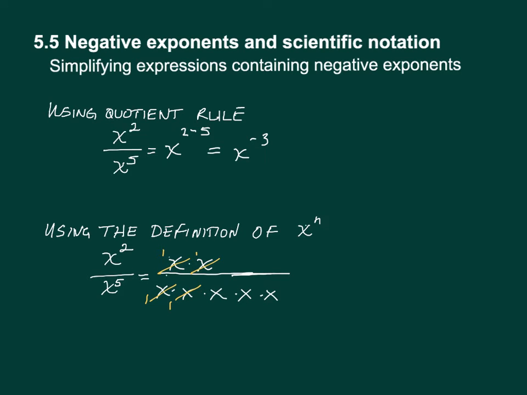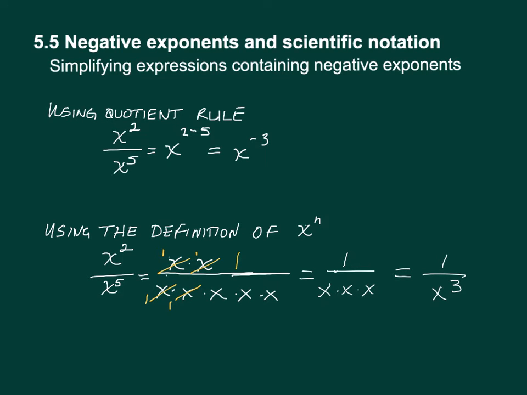So it leaves you a 1 in the numerator and what in the denominator? It leaves 1 in the numerator and x times x times x in the denominator. But that means 1 over x to the third. Okay?